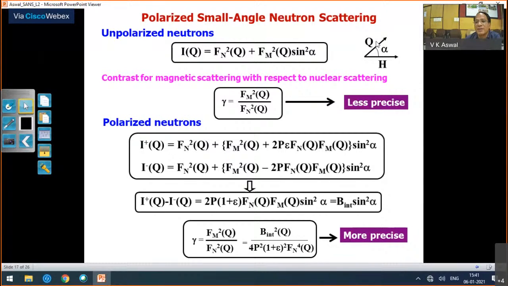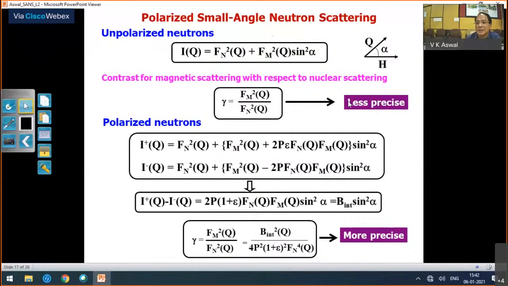So alpha is the angle between the direction of Q and H. When alpha is 0, you will have only this contribution. And when alpha is 90, you will have maximum contribution from the magnetic part of the scattering intensity. But if this term is very small, then it will be very difficult to measure this over the nuclear part actually.